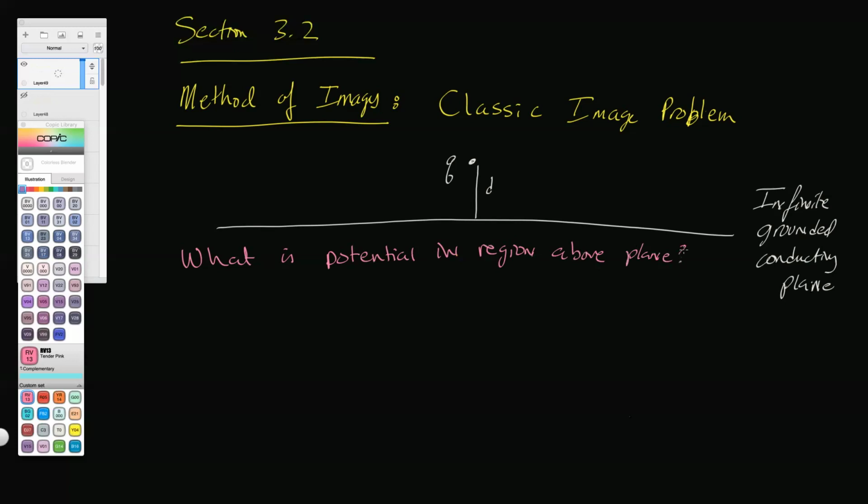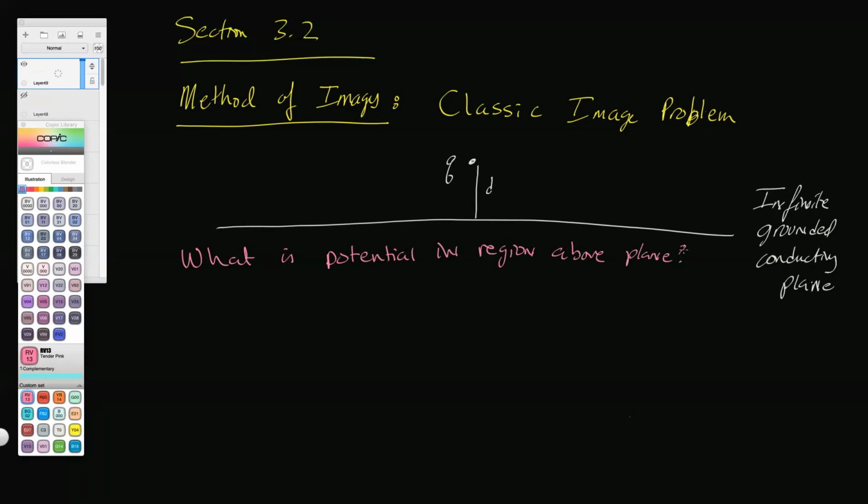Okay, and we know that if the plane wasn't there, that would be simple. It would be just kQ over r, the regular potential for a point charge, super easy. However, Q induces some kind of charge on the plane, and we don't know how much and where it's distributed, really.